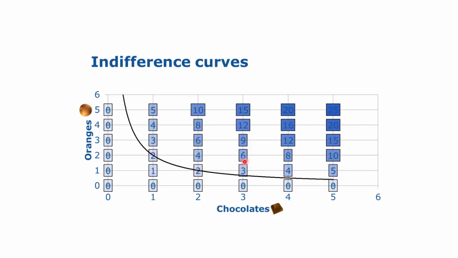I'm going to connect them via another indifference curve. So here now I have connected those bundles of consumption that make me happy 3. All of the bundles of consumption located upon this indifference curve are preferable to all of the bundles of consumption located on the other indifference curve.